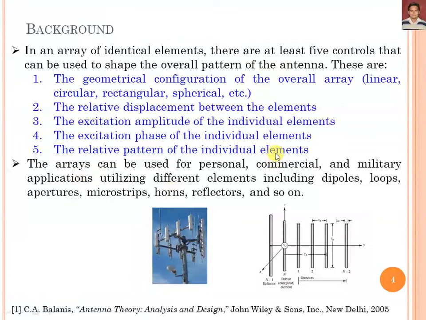These arrays can be used for personal, commercial and military applications, utilizing different elements including dipoles, loops, apertures, microstrips, horns, reflectors and so on. These are the categories of array antennas. Here you can see in this figure an array of dipoles, and again in this figure an array of dipoles, generally used as a base station antenna for mobile communication.